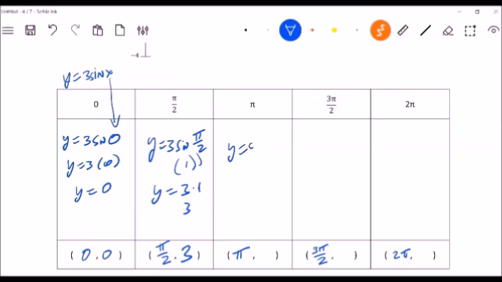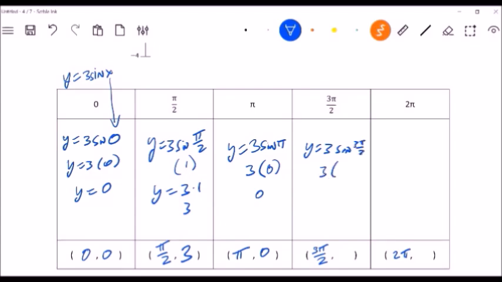And y equals 3, let's neaten that a little bit. 3 sine of pi, and the sine at pi is 0, so it's going to be 0 again. Y equals 3 sine 3 pi over 2.